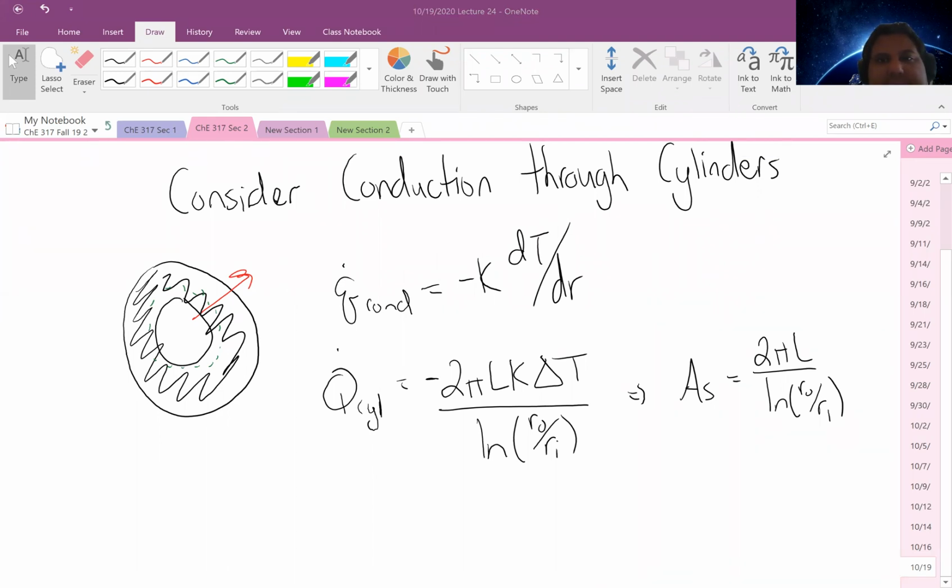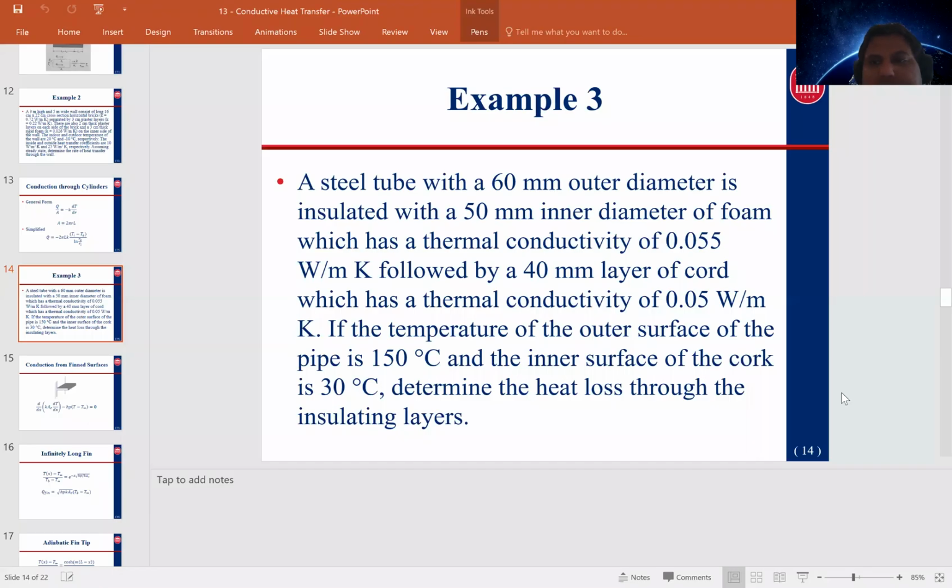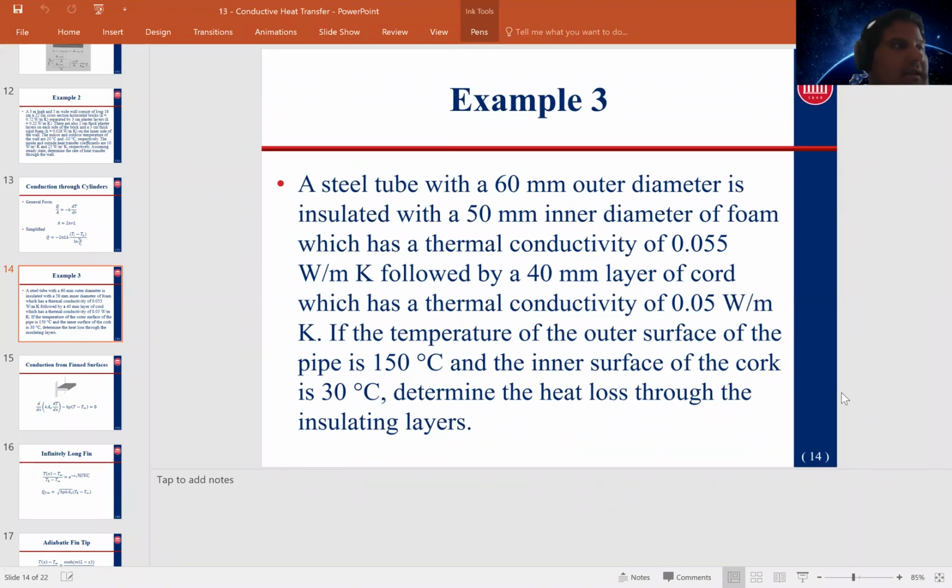So let's take a look at a quick example using this adjusted form of our heat conduction equation. So if I have a steel tube with a 60 millimeter outer diameter and it's to be insulated with a 50 millimeter layer of foam, which has a thermal conductivity of 0.055 watts per meter Kelvin, followed by 40 millimeter layer of cork, which has a thermal conductivity of 0.05.